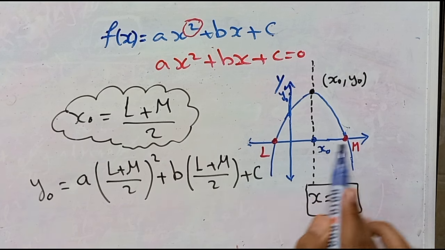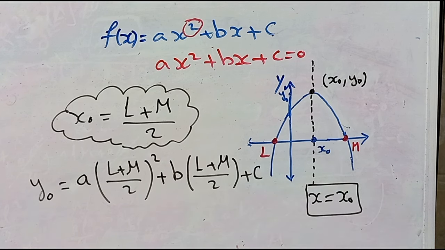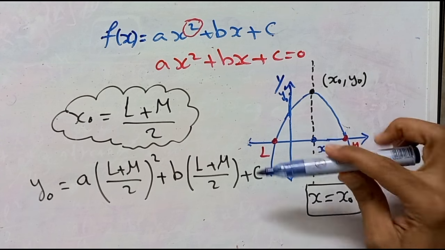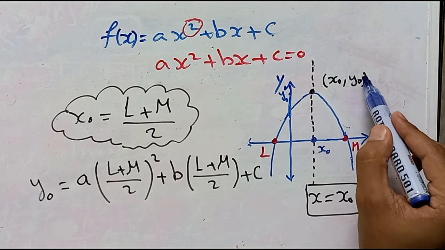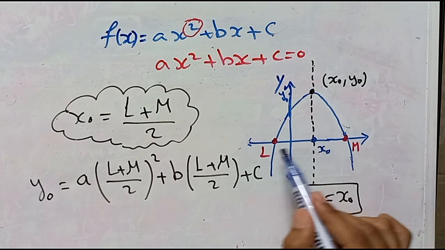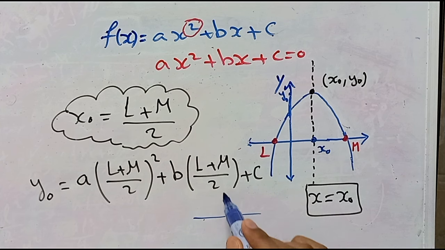And since the curve has two roots, the vertex point should be above the x-axis, or y node should be positive. If y node is negative, then the two roots vanish, like this. If y is a negative value, then the curve doesn't intersect with the x-axis.